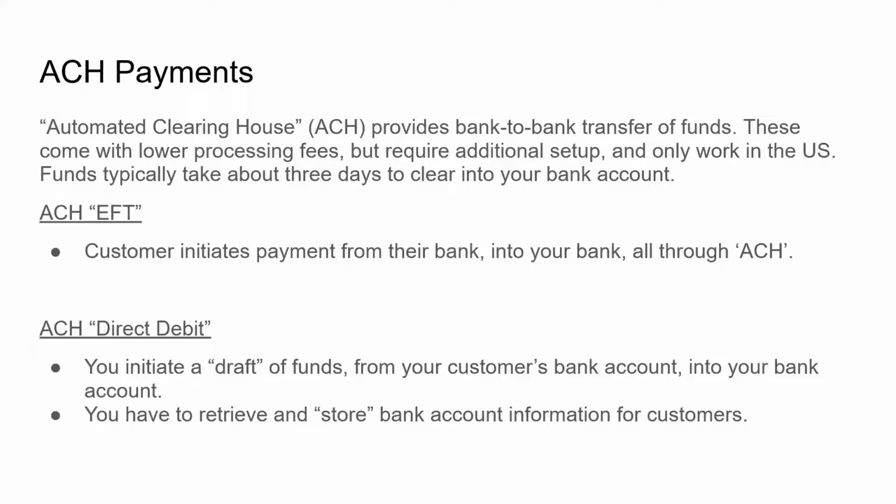You have to pay a fee to do a wire, and wires go through a clearing concept. ACH is just bank to bank. An important point to note is ACH only happens in the US. I think Canada has their own version, but for the Reader's Digest version, ACH equals US. So you're not going to be able to do ACH for people in Europe.